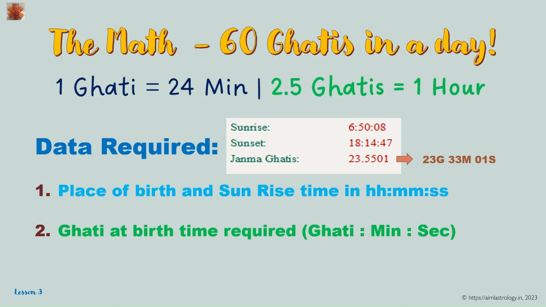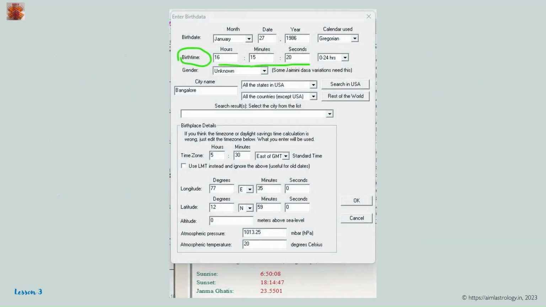If you convert that, that will be equivalent to 23.55 numerical Ghatis. If you convert this Janma Ghati to an hour system, that would be equivalent to evening 4 hours, 15 minutes and 20 seconds.